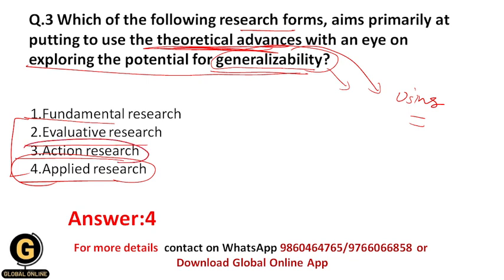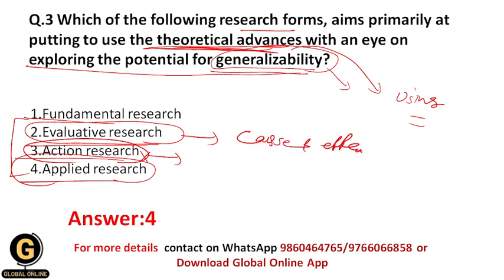This is not action research, because within action research we don't apply any kind of laws, we just solve the immediate problem. Evaluative research, as the name suggests, is evaluative. So here we do the evaluation. For example, we have a cause and effect relationship between the variables. So here we evaluate the amount of cause, like how much the causes are causing the effects.